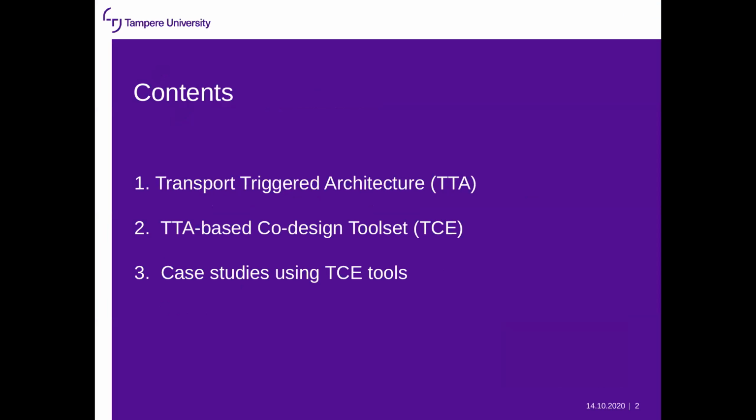First, I will give a brief introduction to a processor architecture called transport triggered architecture, because it is needed in the second part, where I'm presenting our toolset, which is able to produce, compile and simulate these TTA architecture processors, and which is also open source and free to download, by the way. Lastly, I'll show 2 case studies using our tools.